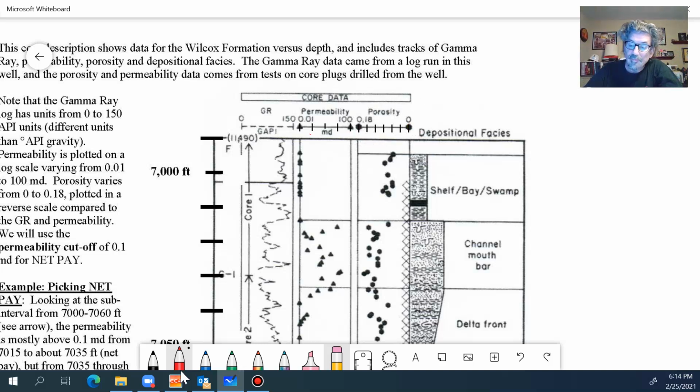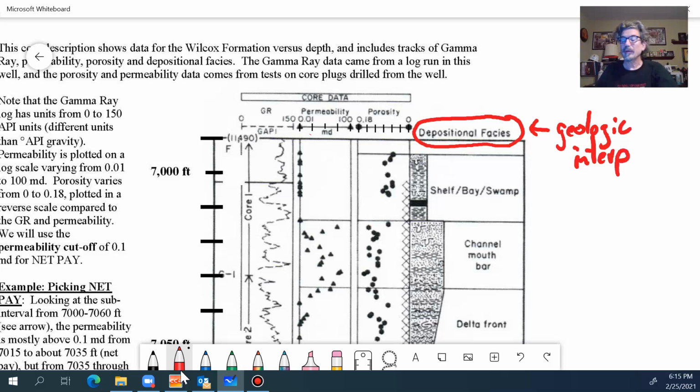The last track is depositional facies. So this is a geologic interpretation. The way these stratigraphic columns work is the thinner the column, basically we measure from here, the thinner the column, the finer the grain, the fatter the column, and this is measured from that bar.